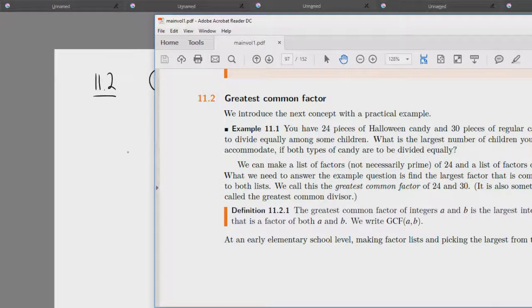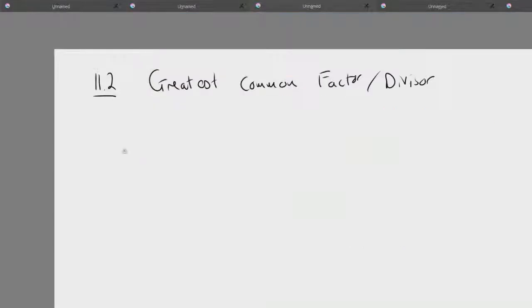So one thing we can do is look at 24 and 30. And we can ask, if we just look at them each separately, how many children can we accommodate with 24 if everyone should get exactly the same amount?